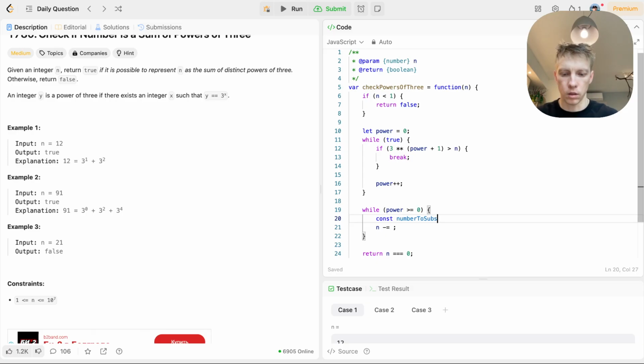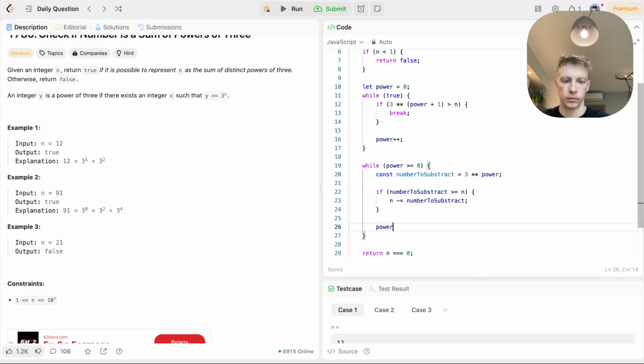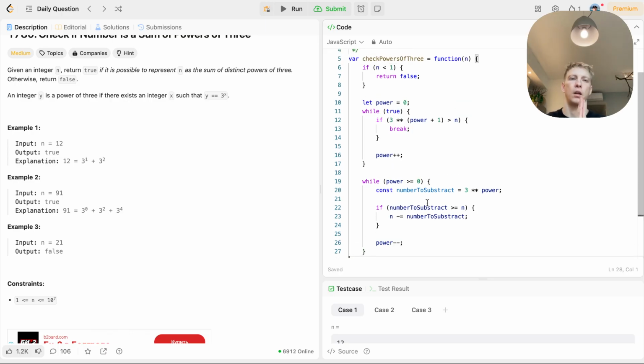To subtract is yes, and we should only decrease if it is bigger than n. If the number to subtract is less or equal to our remaining number, then we can subtract it. Yep, that's it. Okay, what do we have here? After that, we should decrement power again.